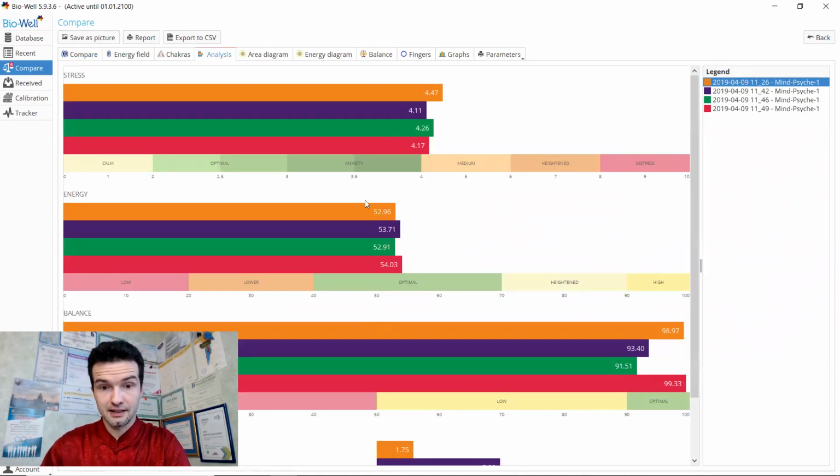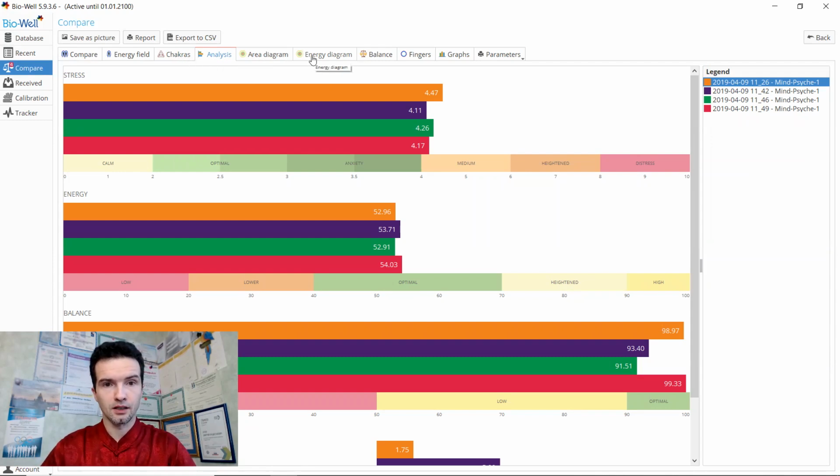We can clearly see that the energy level is pretty fine, but the stress is high. You see, it's above 4 constantly. And this person was just calmly sitting in the office chair for 40 minutes, and we were repeating scans 4 times. So his stress level is constantly high. So we need to find out what the reason is.